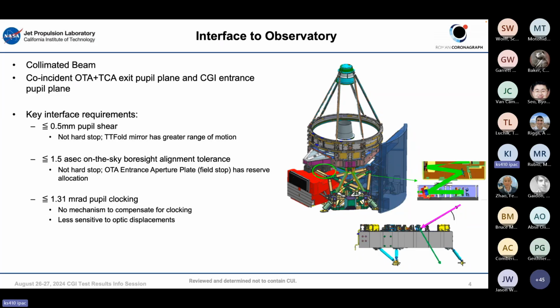The coronagraph requirement for alignment is 0.5 millimeter in pupil shear, and 1.5 arc seconds on the sky boresight. But those have correcting mechanisms to adjust for that. It's the clocking that we don't have any control over. So we have 1.31 milliradian of pupil clocking, and there's no corrective mechanism for that.